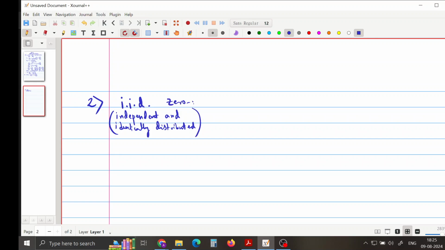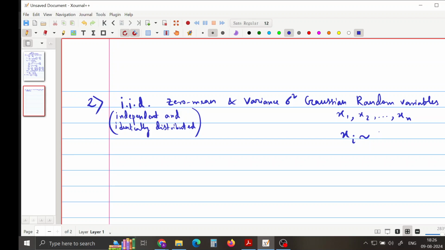They are zero mean, as given in the question, and variance sigma squared Gaussian random variables x1, x2, all the way till xn. So all these xi's are basically distributed as Gaussian with zero mean and variance sigma square. This is how you represent them.